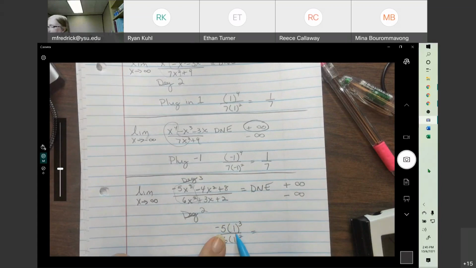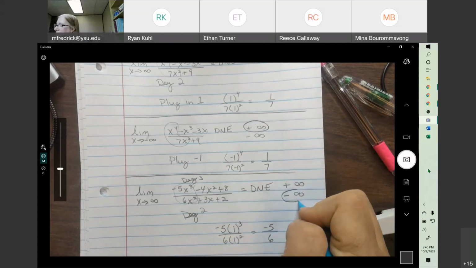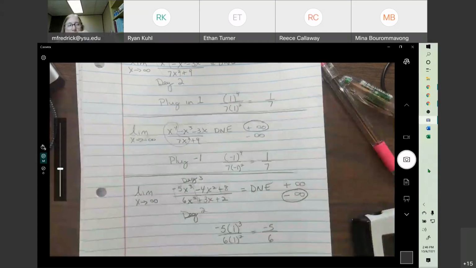On the top, we're going to get a negative 5. On the bottom, we'll get a positive 6. Our answer is negative, so it is negative infinity. If our answer was positive, then it would be positive infinity. Any questions on that?